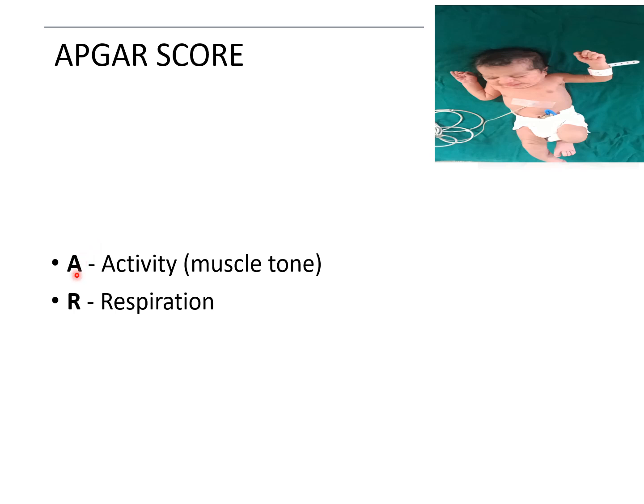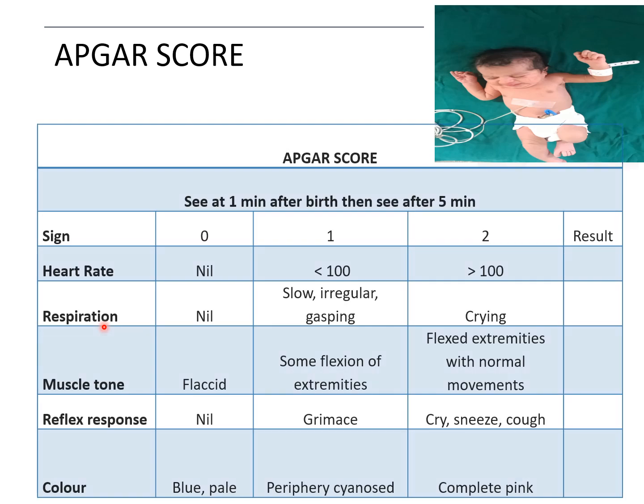Then A is for activity, muscle tone, whether the baby has a normal good flexed posture and good muscle tone or is flaccid. And R is for respiration. We have to calculate the respiratory rate for a full 1 minute. So these are the details of the Apgar score.